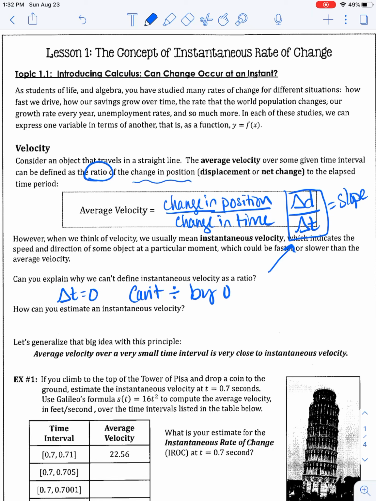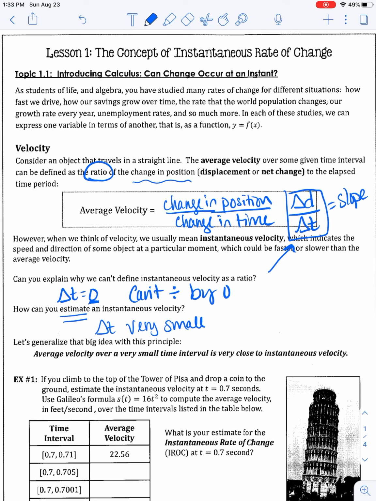So this is kind of where all the tools in your tool belt fall short of finding instantaneous velocity, and this is where calculus is going to pick up. So for right now, we're just going to estimate an instantaneous velocity. To do that, I know my delta T can't be 0, but I want my delta T to be very small, so I can get as close to 0 as possible.